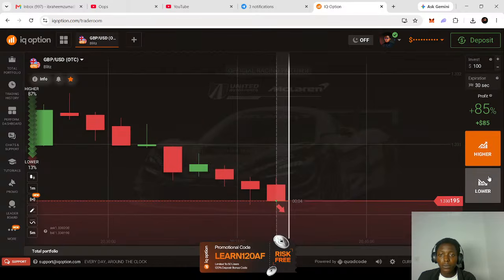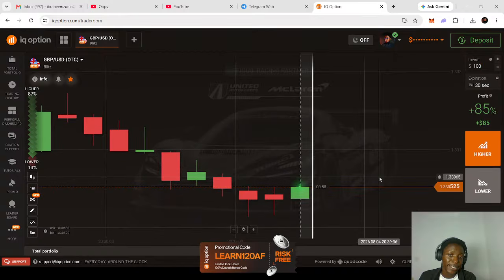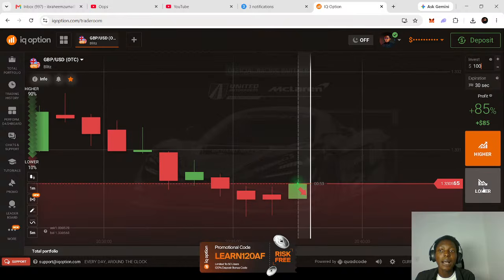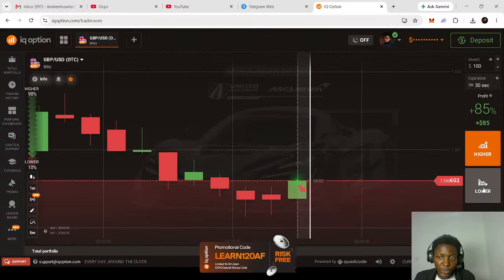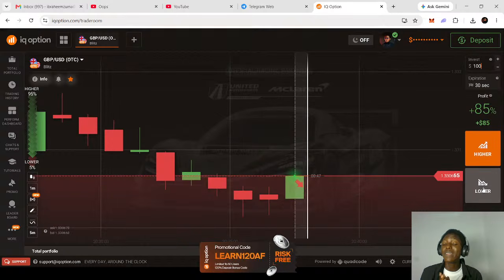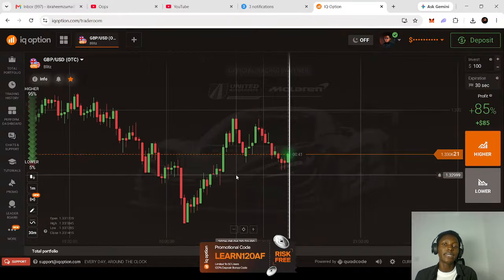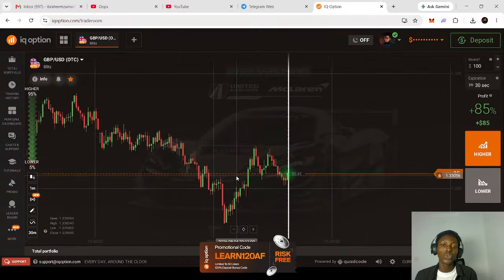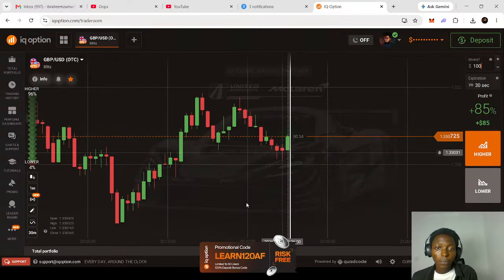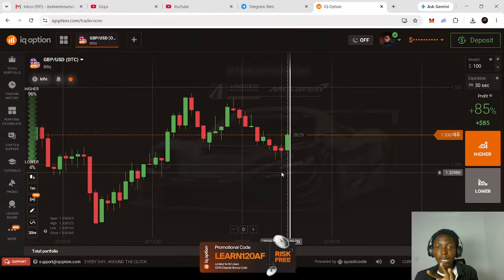So let's say we are opening a lower position or a selling position. We will come here and click lower. And that means after 30 seconds, we will either lose or win. So I will just open a position without any analysis, even though we can analyze the market and see where the flow is, the support level and the resistance level.